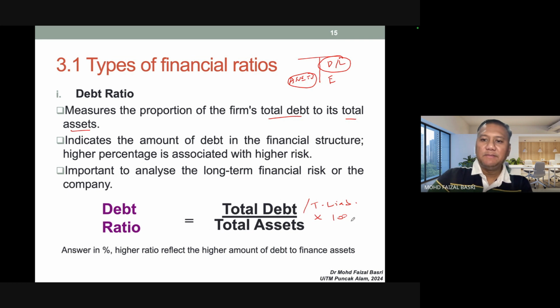I tak tulis kat sini, but technically you need to times 100 to get it in percentage. The higher ratio reflects higher amount of debt to finance assets, so that's why it's better to have a lower ratio. Lower ratio reflects less debt to finance assets, maknanya dia less dependent on debt untuk beli aset-aset dia.